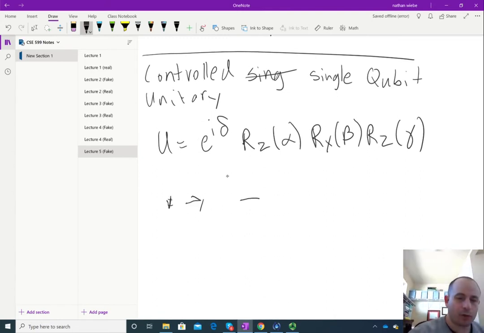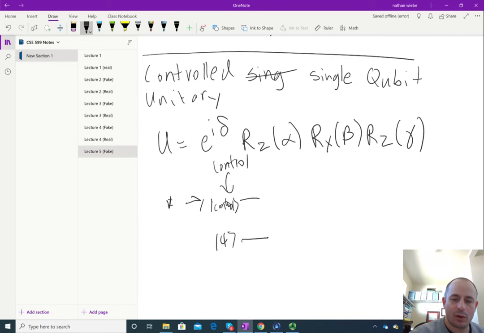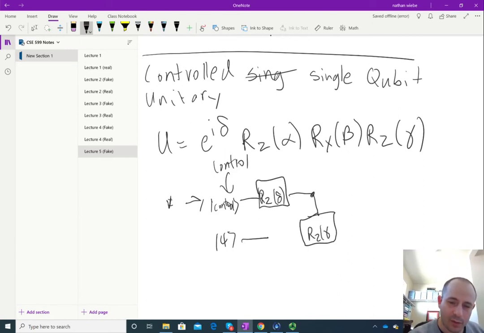Okay, first we put a control. This is the control line up at the top, and this is the target state that we want to be able to apply it to. So first thing that we do is Rz of delta, then we do controlled Rz of gamma, where we use the above circuit to implement that.